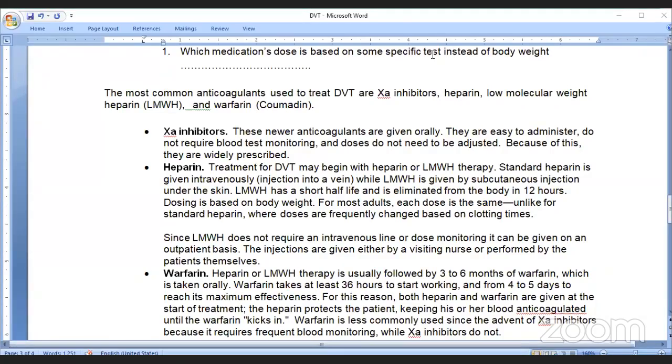Warfarin. Wow, warfarin. Still, none of you have given the correct answer.